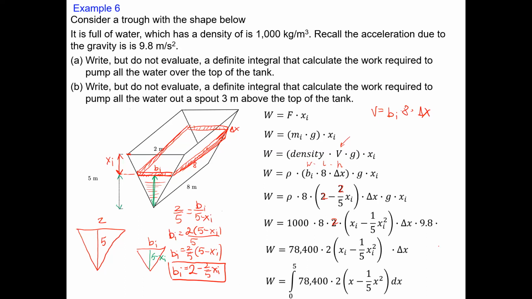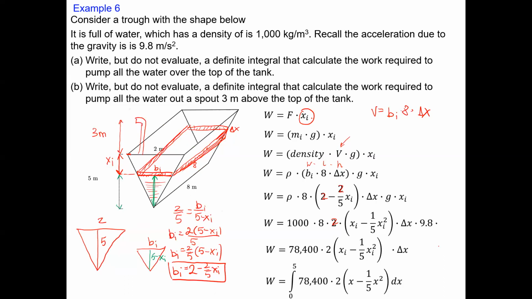It will be exactly the same, but the distance, force times the distance, will be different, because the water must go through an extra 3 meters. That means instead of x sub i, it will be x sub i plus 3.